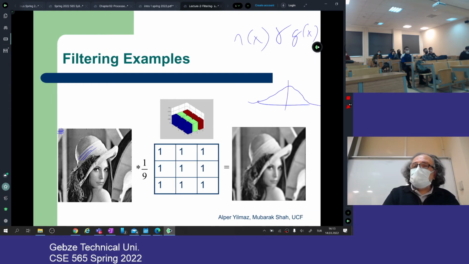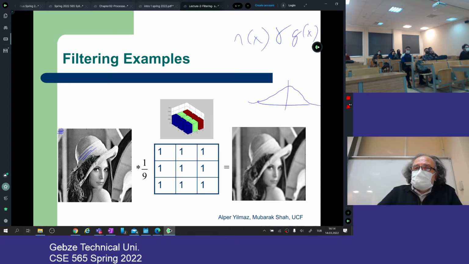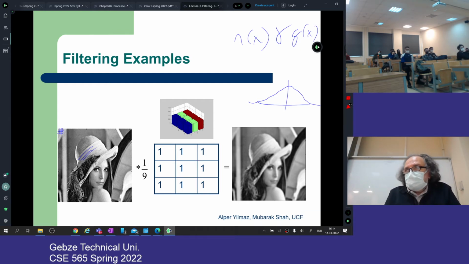So if I know that this 3 by 3 region is added noise by this Gaussian distribution, if I add those numbers up, what am I doing?